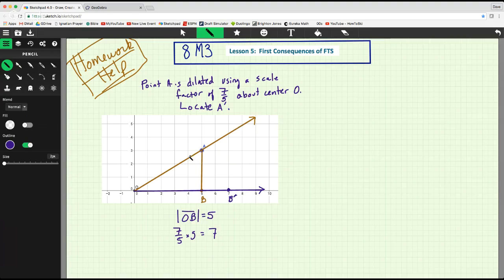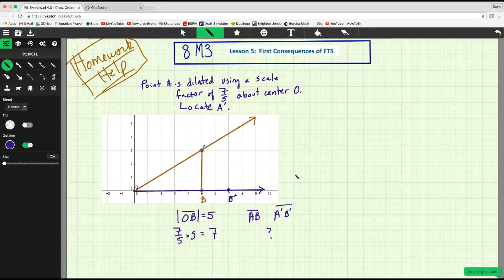Now, what also do I know about line segment AB and, well, wherever A prime is, what do I know about the relationship between AB and A prime B prime?